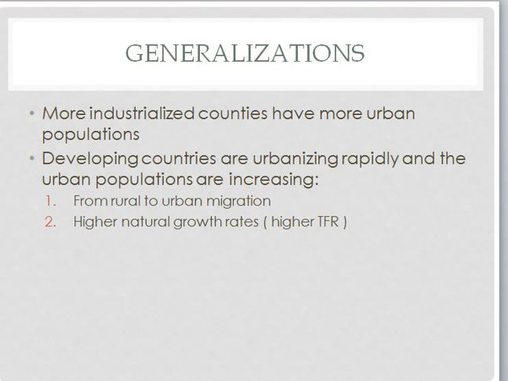One is this migration from rural areas to urban areas, and then the other is that some areas are having a high natural growth rate, which means the death rate is less than the birth rate, and in some of these areas they have a higher total fertility rate. And so you're going to see that dynamic, particularly in less developed countries.